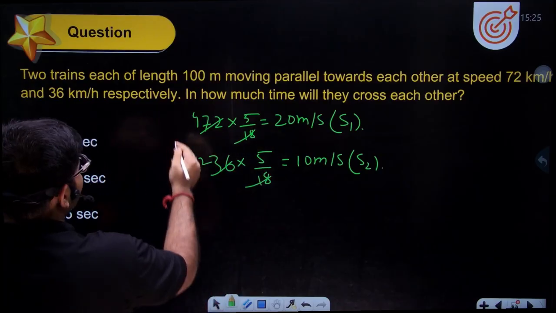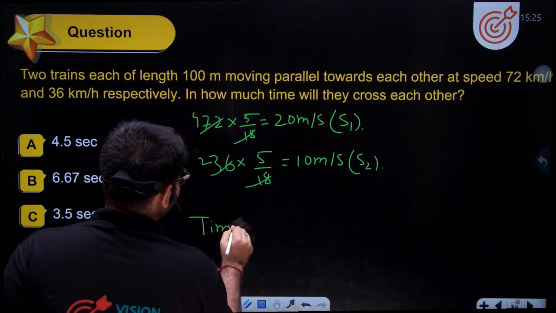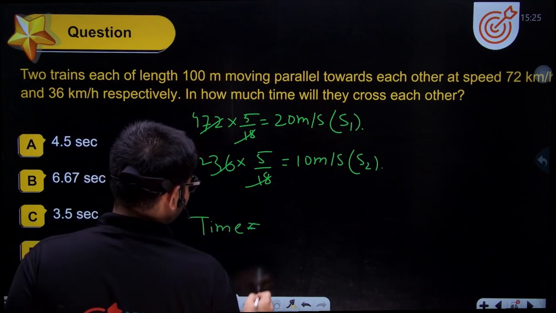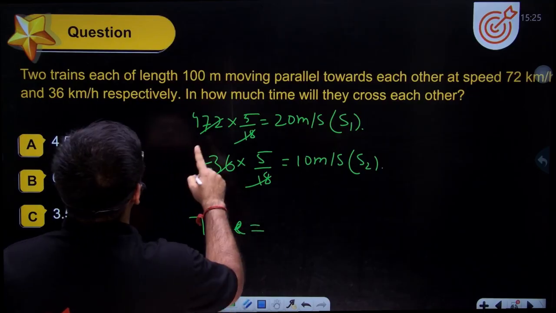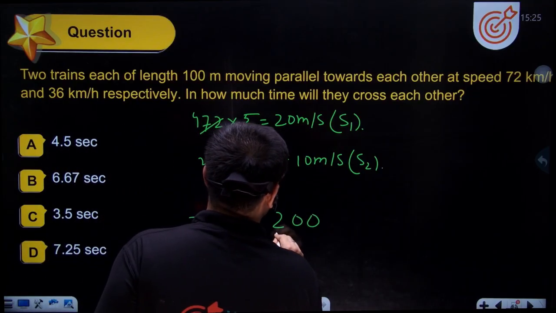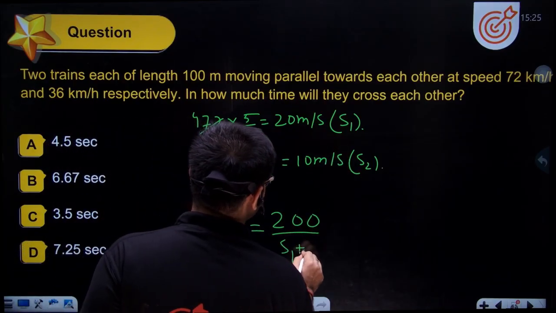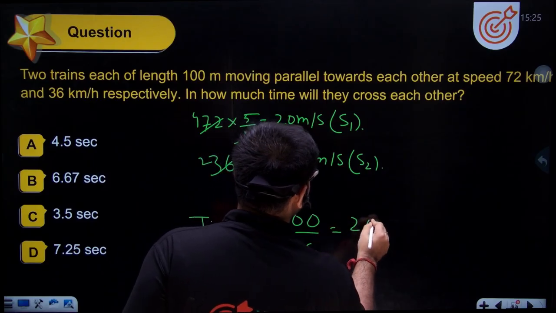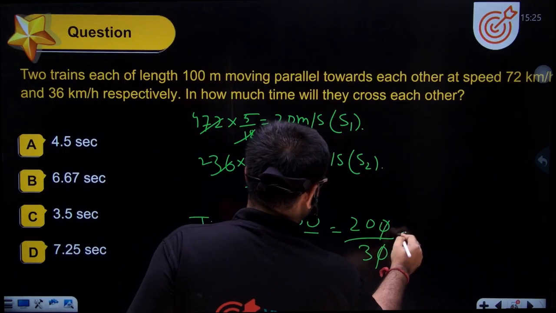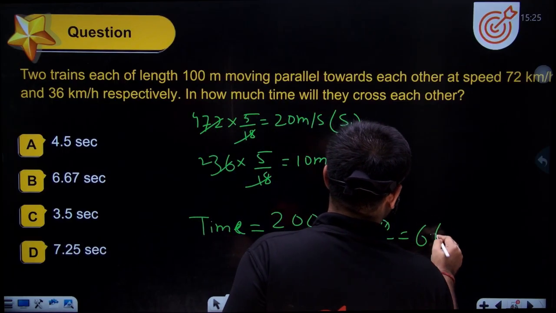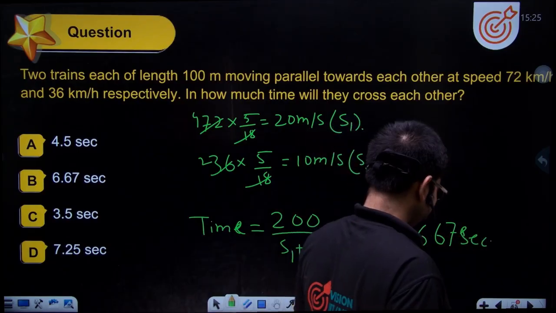So 2 trains each of length 100 meter. You are asked about the time. So time is nothing but the total distance covered by the relative speed. Total distance is 200, and the speed is S1 plus S2, it gets added up. So 200 by 30. So the value is going to be 6.67 seconds. Option B.